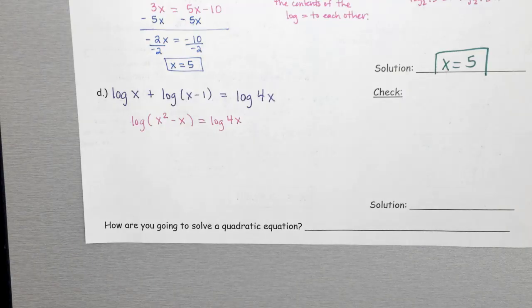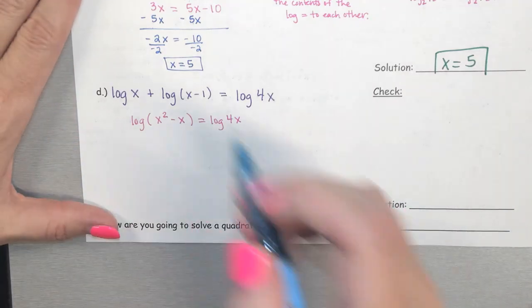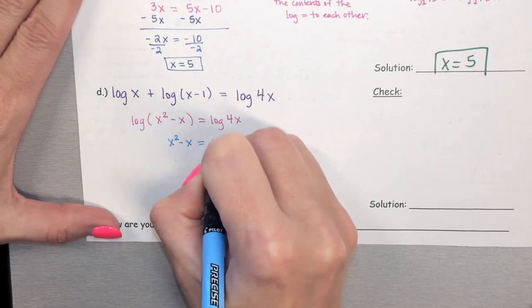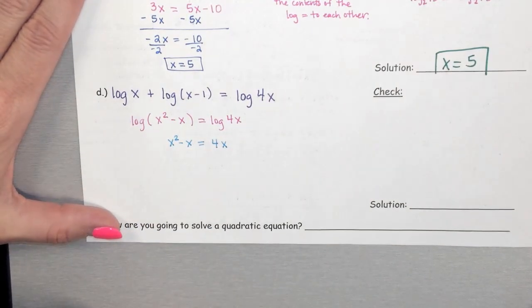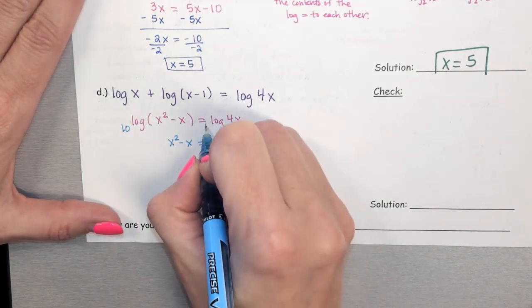Okay, so then once you see you have the same log on both sides, you can rewrite it as x squared minus x equals 4x. The logs are the same. Okay, it would be like you're exponentiating with a base of 10.